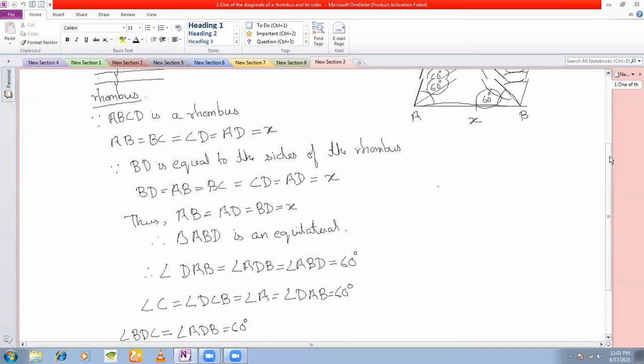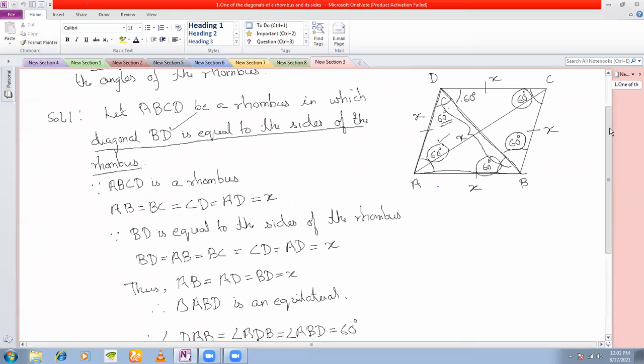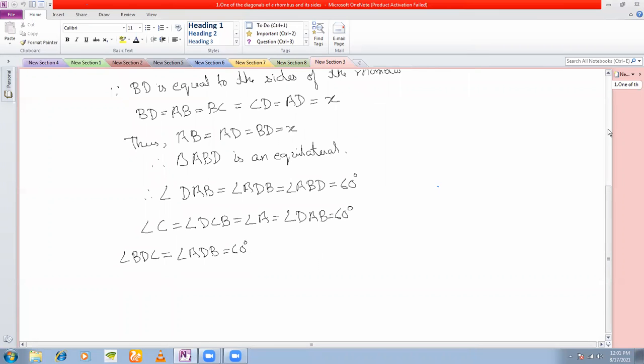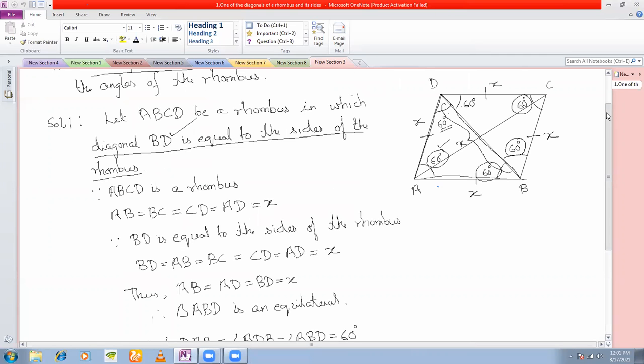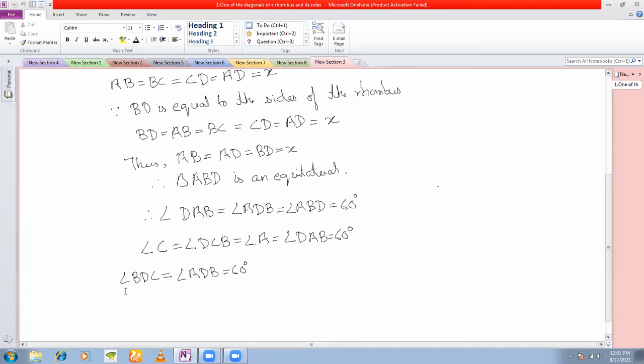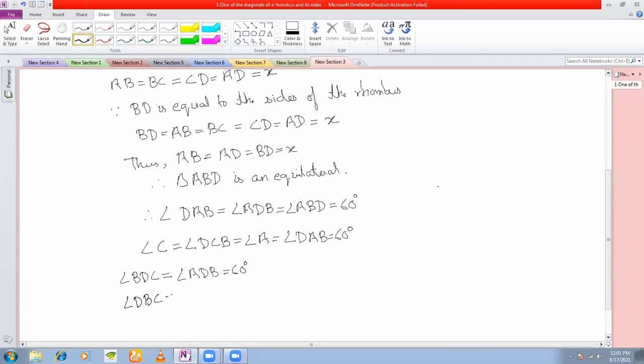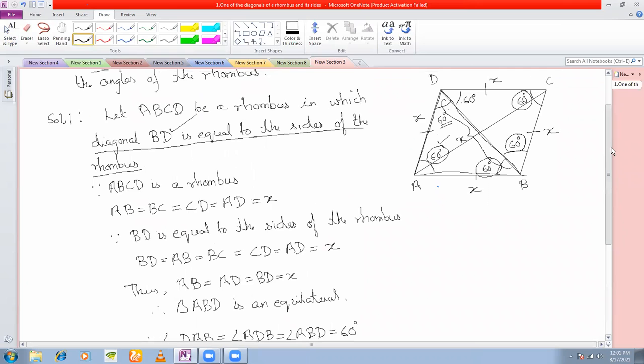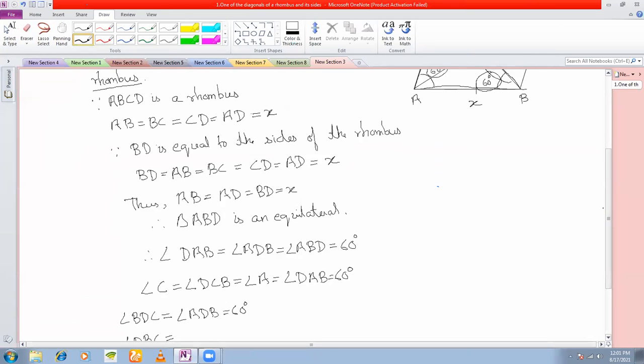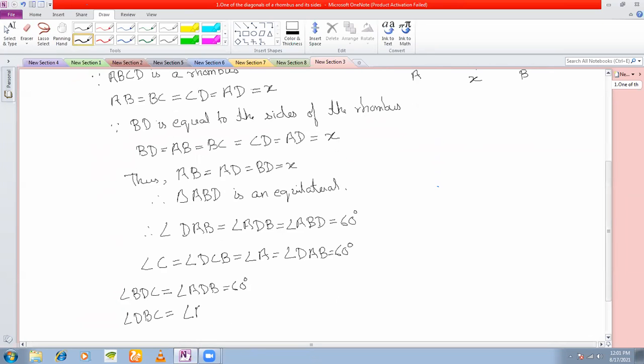So you have angle BDC, as I said, is equal to angle ADB is equal to 60 degree. And what else? You have the other angle, angle DBC, is equal to angle ABD is equal to 60 degree.